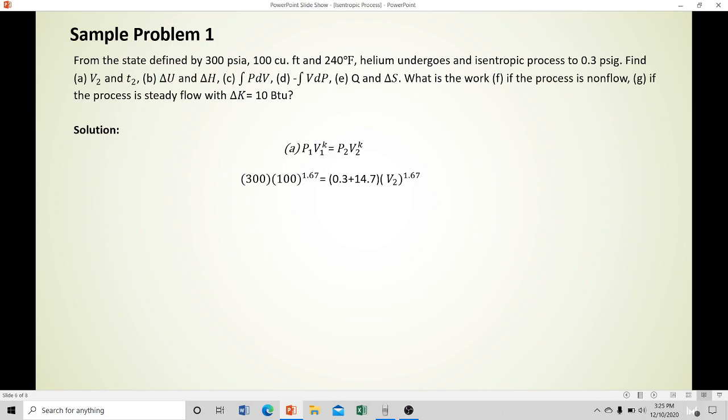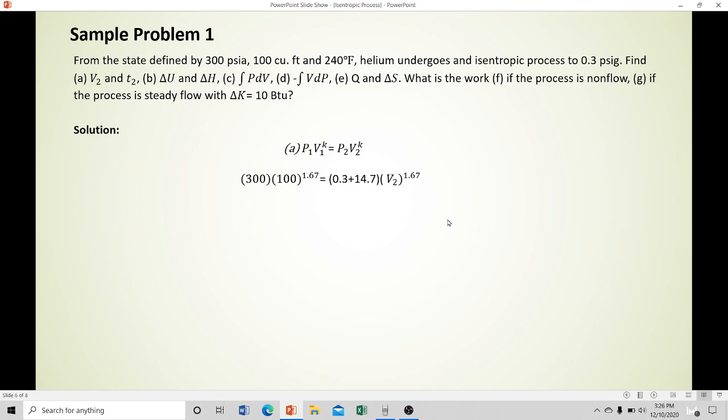For diatomic gases, the specific heat ratio is 1.4. So 300 times 100 raised to 1.67 is equal to 0.3 plus 14.7 psi times V2 raised to 1.67.